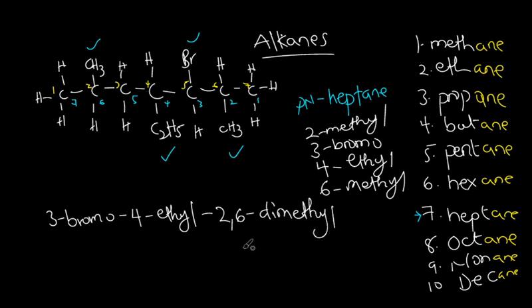It will not be 2 methyl 6 methyl, no, it will be 2,6 dimethyl. Now that we have our substituents arranged, all we have to do is add the parent name, which is heptane. And then this is the name of our compound. So in this particular example, the name of this compound is 3 bromo, 4 ethyl, 2,6 dimethyl heptane.